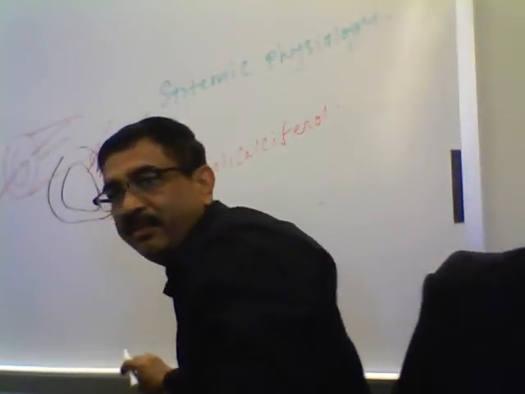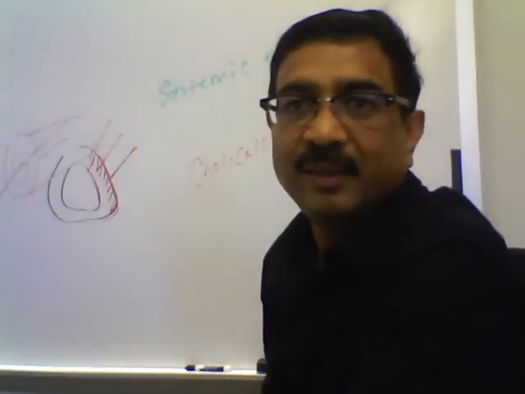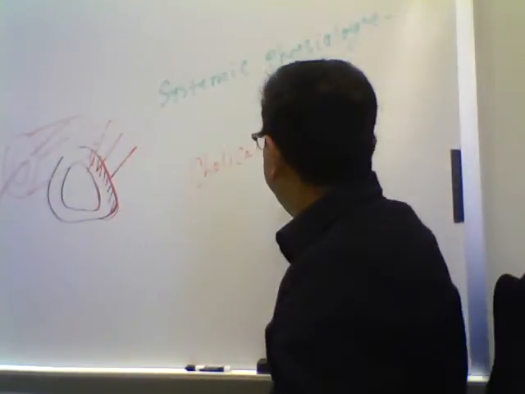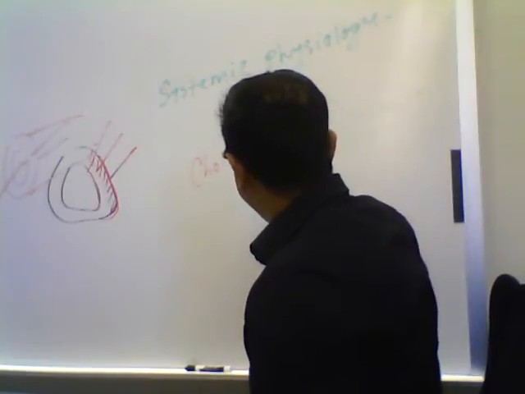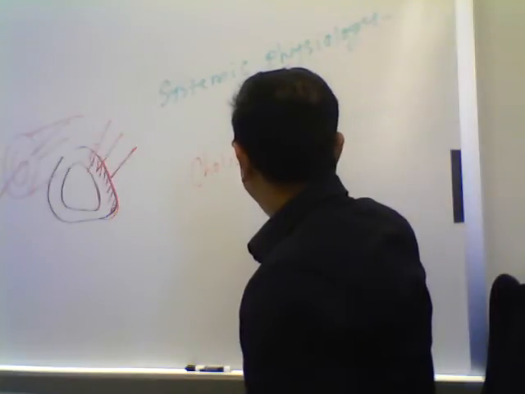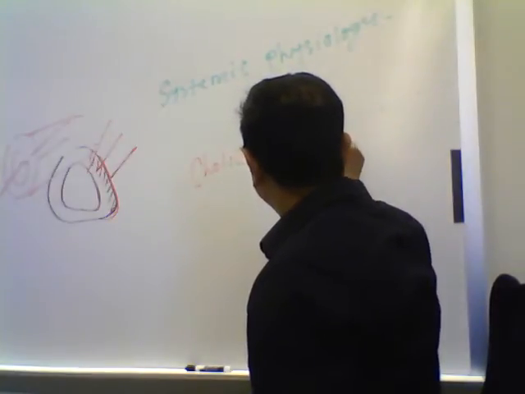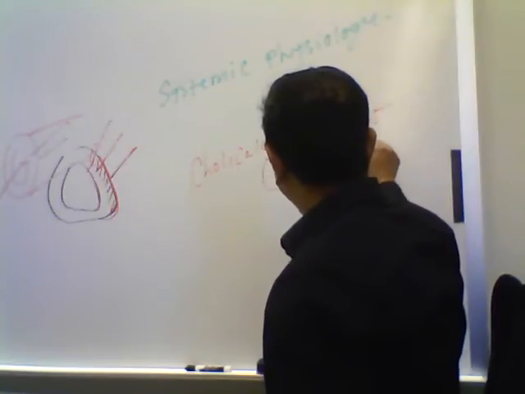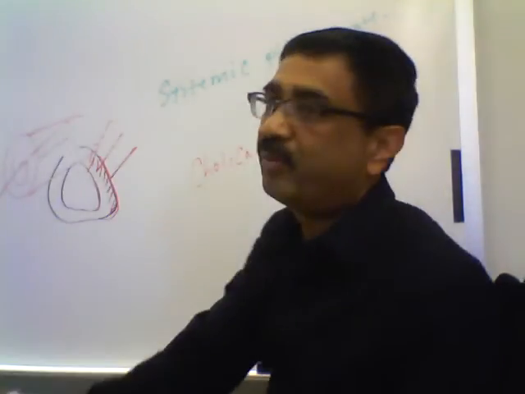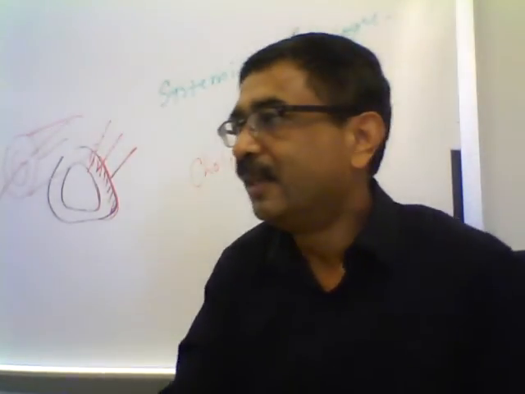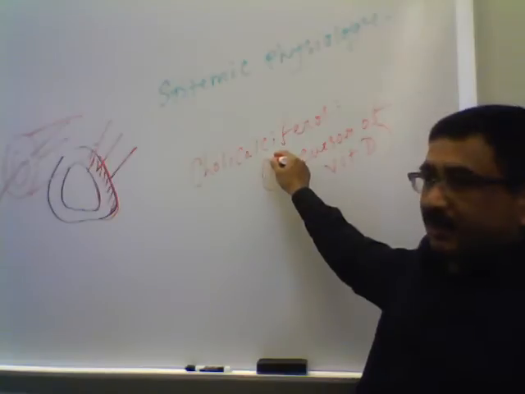Skin produces cholecalciferol with the help of what? Sunlight, right? And cholecalciferol is a precursor of vitamin D. That means it is the inactive form of vitamin D, and your skin produces it.